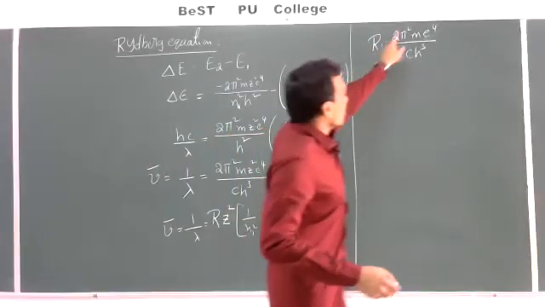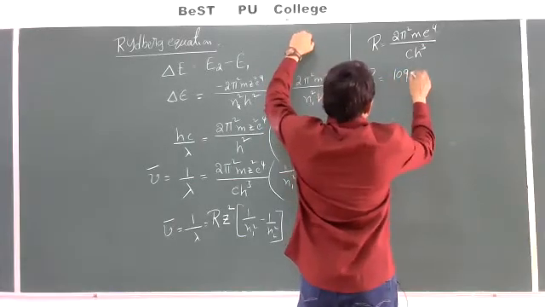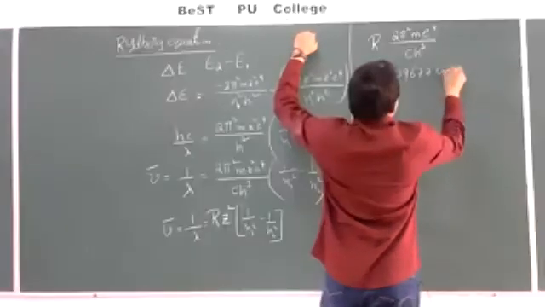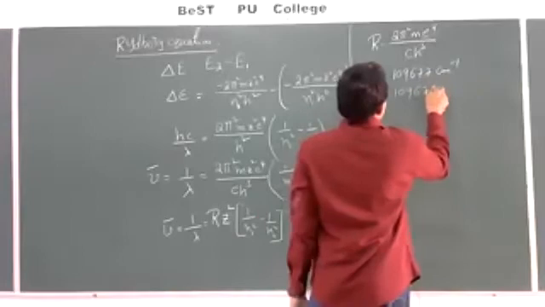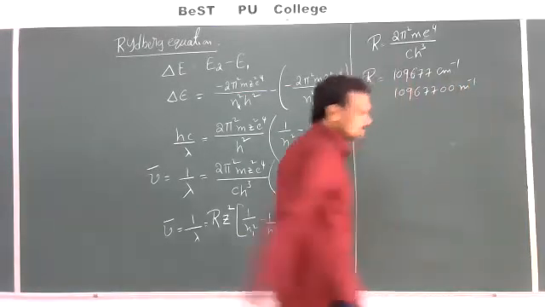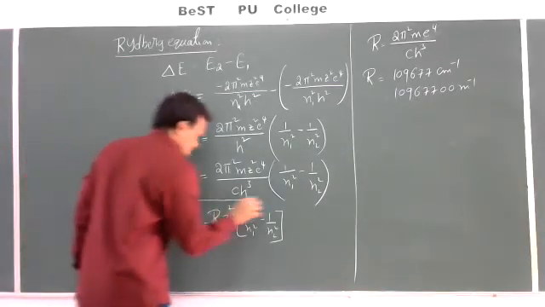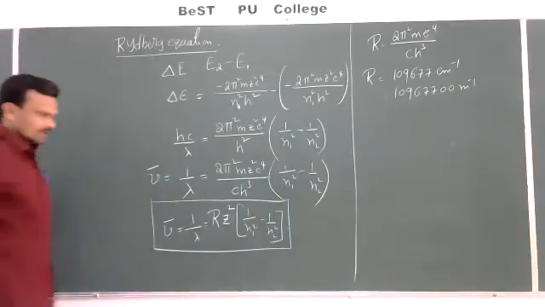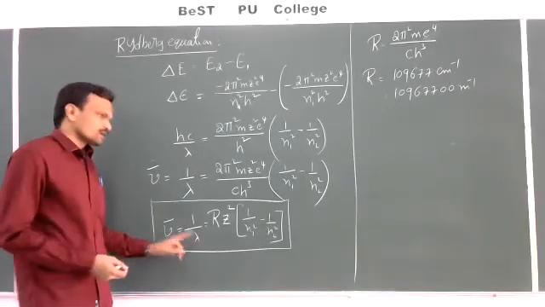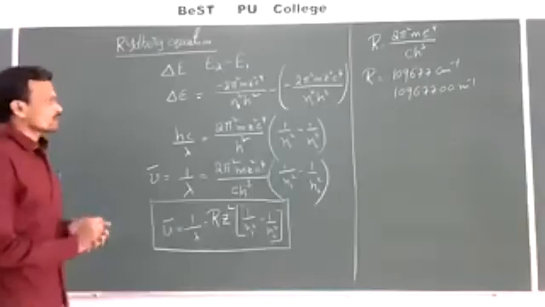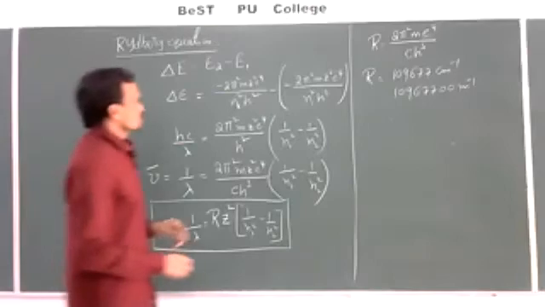By substituting all these values here, you can get the value of R. R is equal to 109677 per centimeter, which is equal to 109,677,000 per meter. So this is the Rydberg equation, which is used to calculate the wavelength or wave numbers of spectral lines.